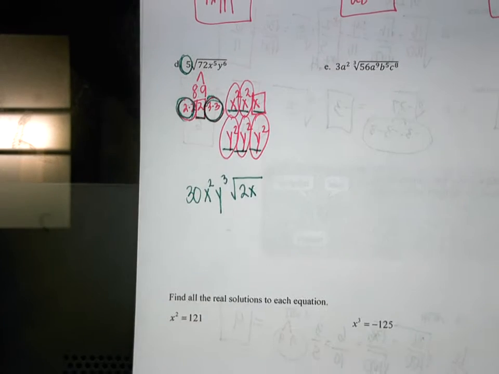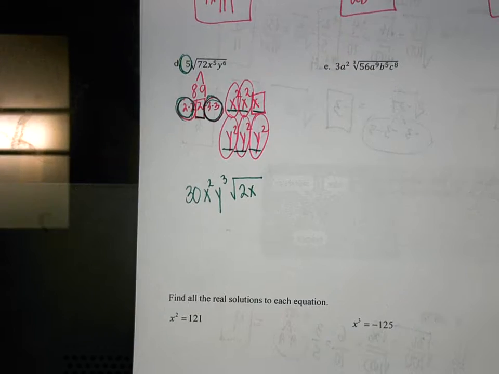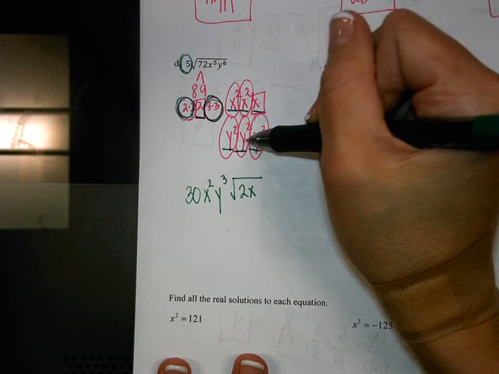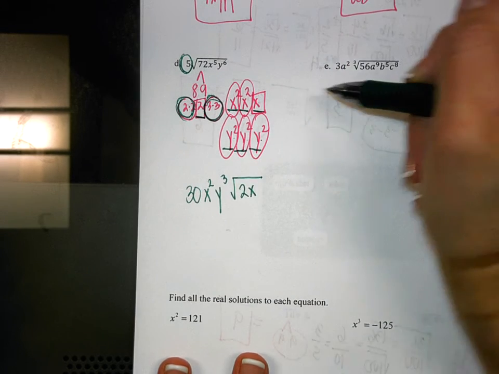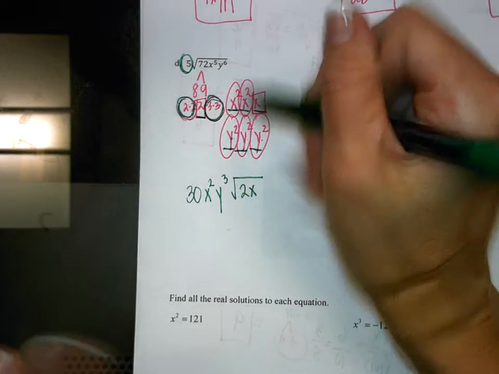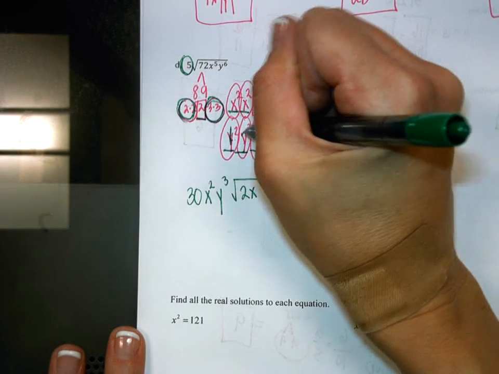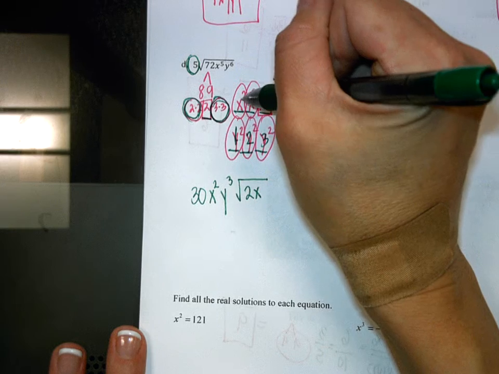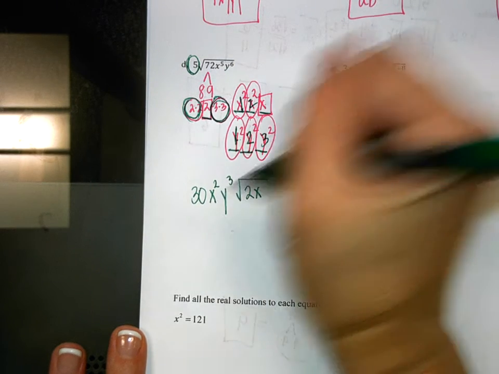Yes. Why is it y to the third? How many groups of 2 do I have? No. Group of 2. That's one group. This is 1, 2, 3. So that becomes y to the third. There were 2 groups of x's, so I got x squared.